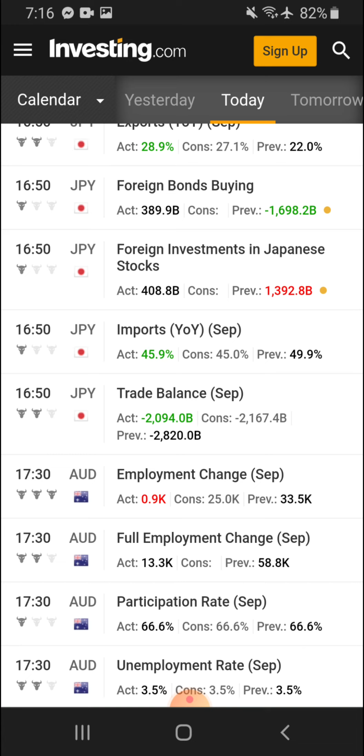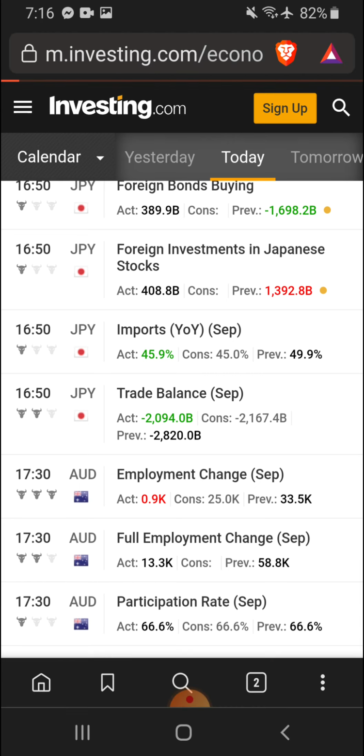So actual 0.9 thousand. Expected or forecast was 25,000, and previous was 33.5 thousand. So as you can see, there was a huge decline. That's a massive decline, like minus 24.1 thousand difference.